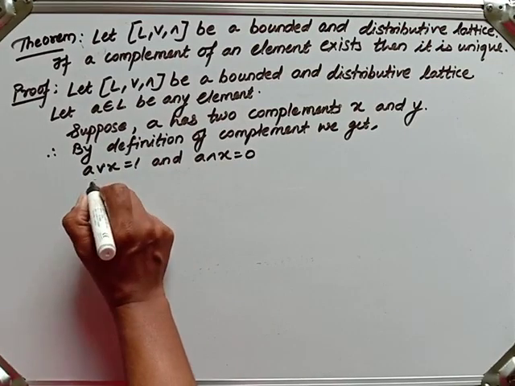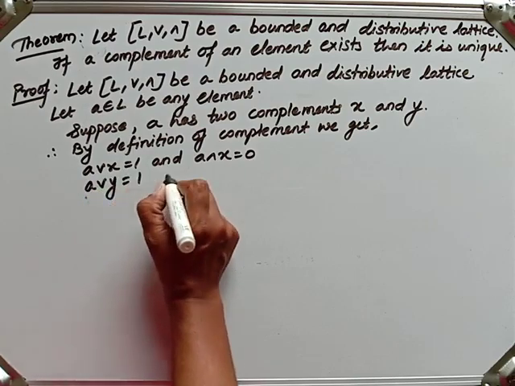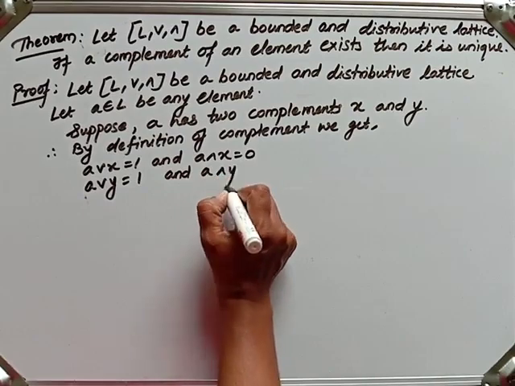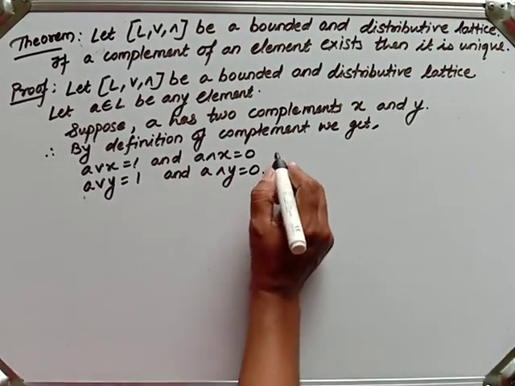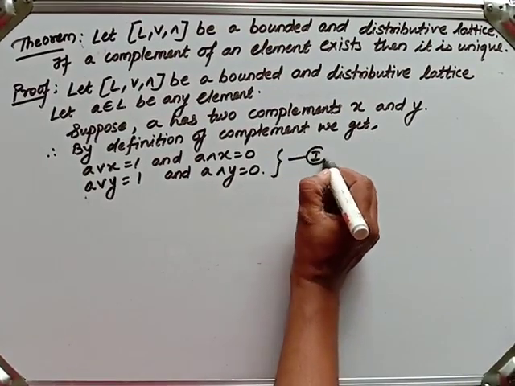Similarly, a join y is also 1 and a meet y is 0. Call it equation number 1.